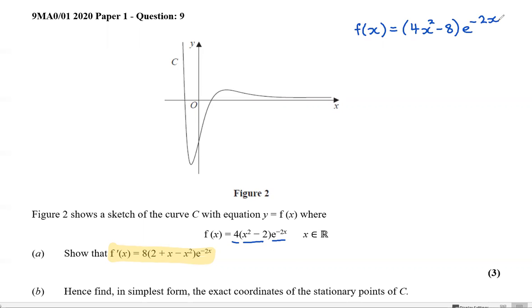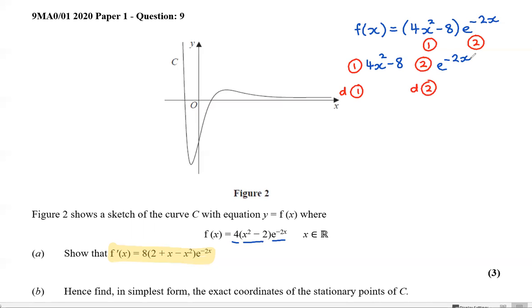Okay, I can now use the product rule. So if I call that 1, I'm going to call this one 2. Let's write our 2 by 2 matrix down. So we're going to have D1 and then D2. We have to remember some relatively standard derivatives here. Function 1 is of course going to be 4x squared subtract 8, and then my function 2 is e to the negative 2x.